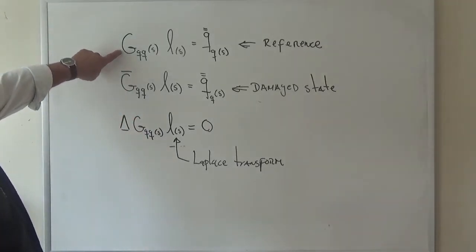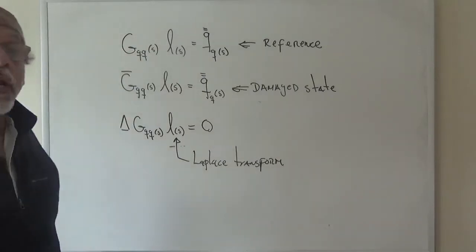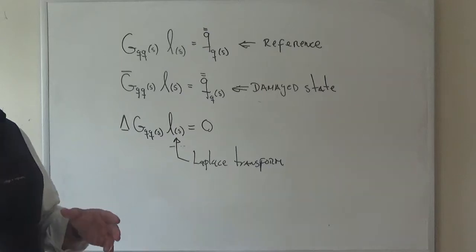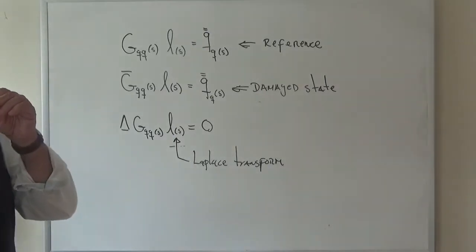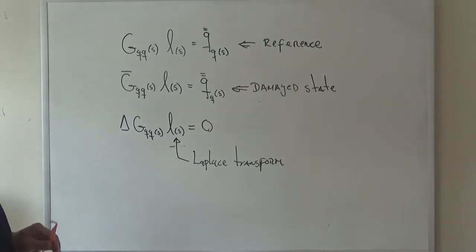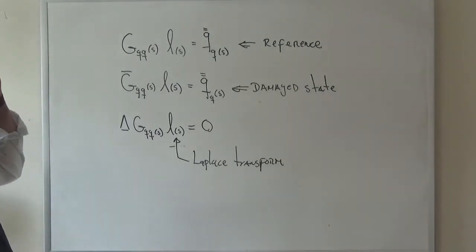Now, the transfer matrix at the measured coordinates, we know how to calculate from the data. In fact, last class, we just showed how that is done, particularized to flexibility using s equal to 0, but using s equal to whatever, that's what the transfer matrix is at the measured coordinates.